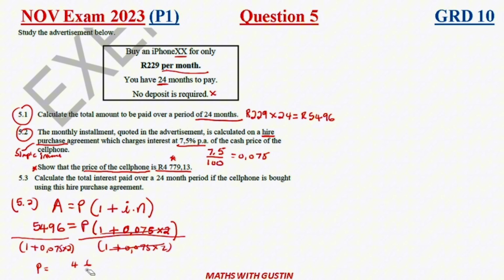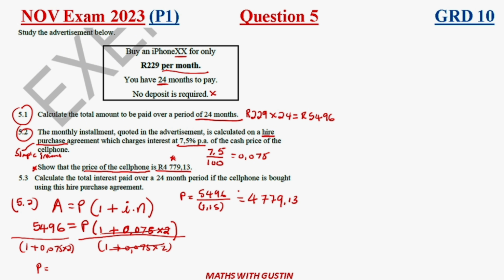Let me rather write it this side, guys, because I'm running out of space. So P is equal to 5496 divided by, when you put this on the calculator, I'm getting 1.15. So our P is 4779.13. We managed to show that that is the original amount, or the starting price, of the phone without addition of the interest.